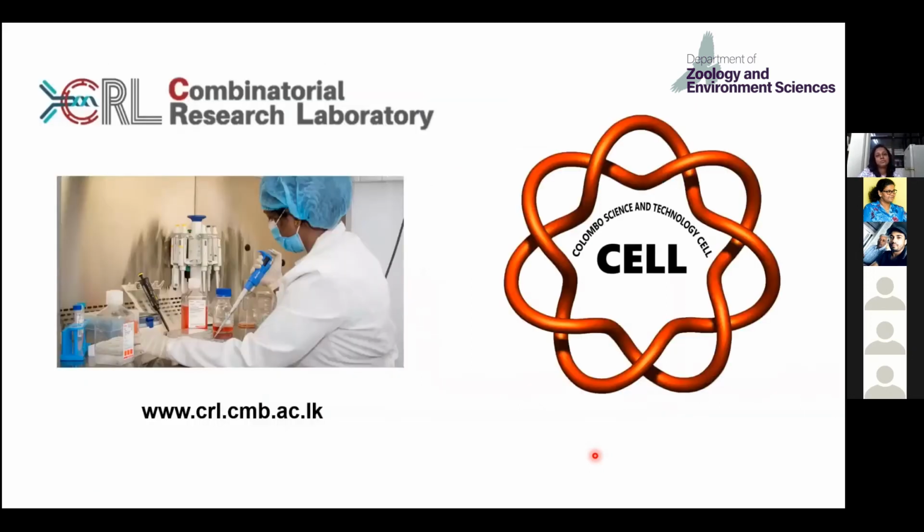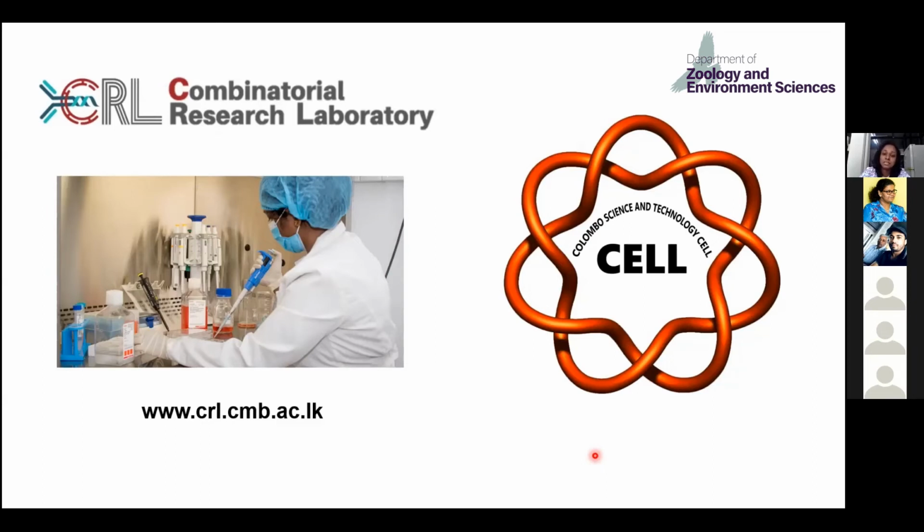So this was other than flow cytometry and going for analysis of chromosomes, which needed software and special equipment. All this work was done in the Combinatorial Research Laboratory under the supervision of Professor Preeti Udagama. With the results, we reached out to the Colombo Science and Technology Cell.